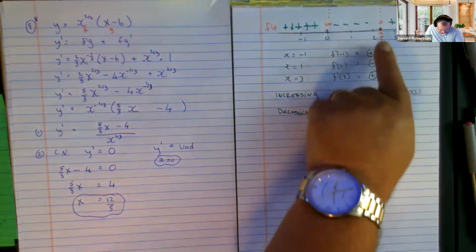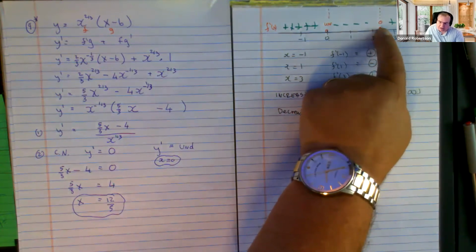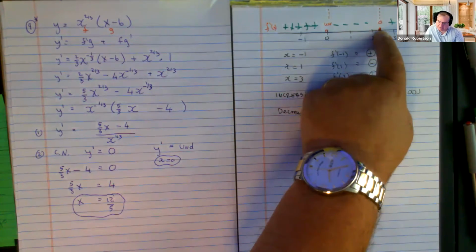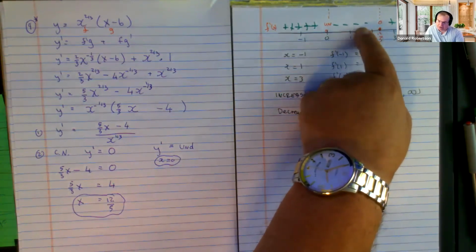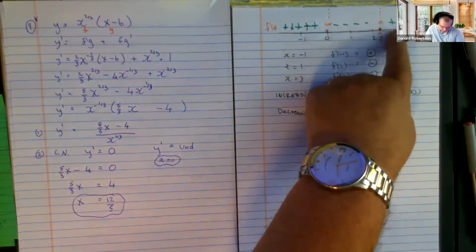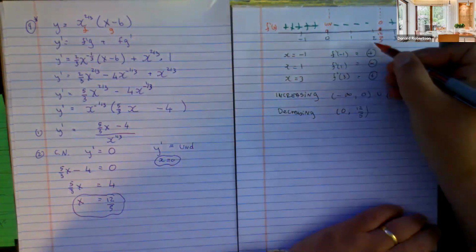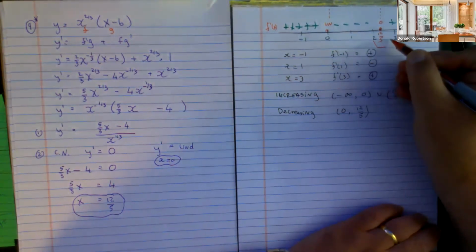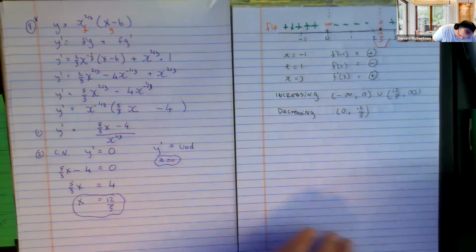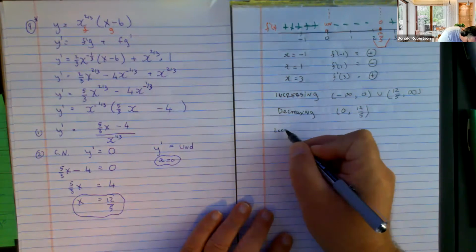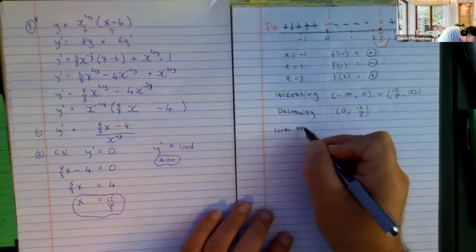Now, at this point here, where there is a 0, you see this guy here? Right? It's negative to 0 to positive. So I've just figured out that there's a local minimum.